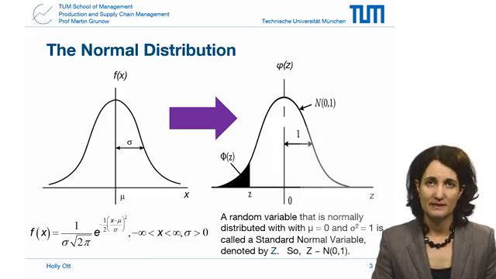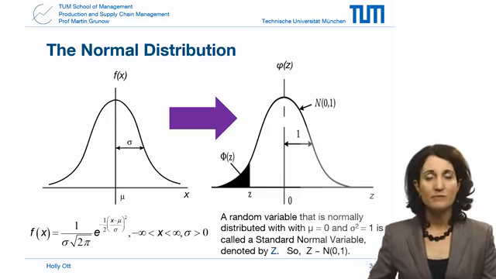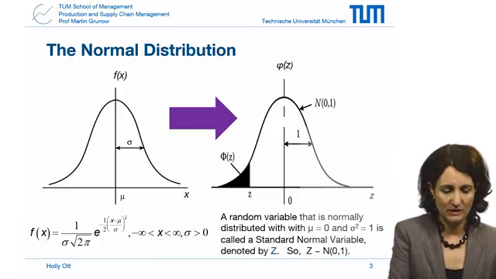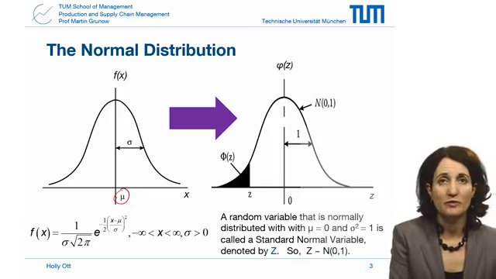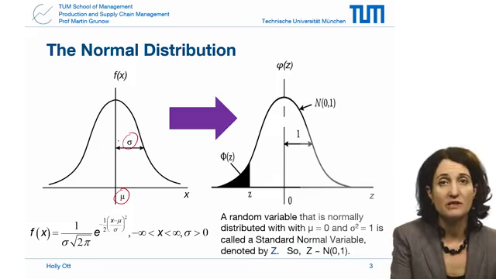Now, we learned previously that when a random variable is normally distributed, we have two parameters, the mean and the standard deviation.